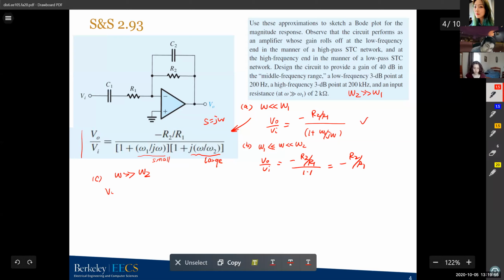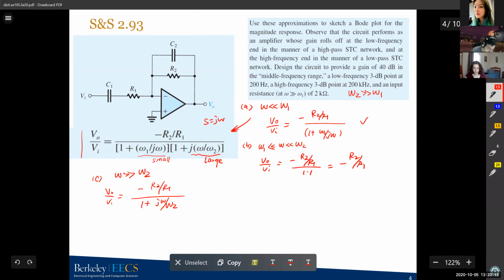So this equation can be further simplified into negative R2 over R1 over 1 plus a small value, which equals 1. So it will just be 1 plus j omega over omega 2. This is our equation in the third region.